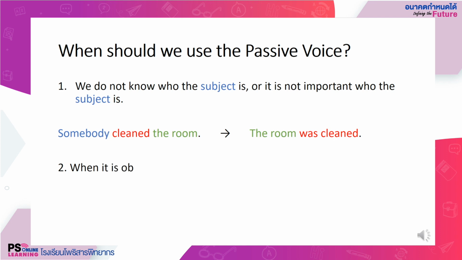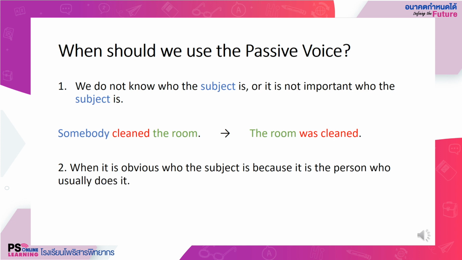Number 2, when it is obvious who the subject is, because it is the person who usually does this action. For example, the cleaner cleaned the room. It would be, the room was cleaned again. Here it can be used in a passive voice because we know usually it's the cleaner who cleans a room.